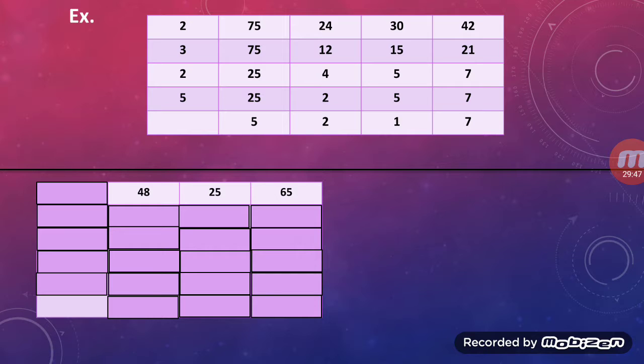Now, looking at our actual question table, we see the numbers 48, 25, and 65. Now, the point of this particular LCM method using the table is we're going to find the least common multiple of all three of these numbers, rather than just one at a time. So going down the very leftmost side of the table, we're going to pick apart different numbers that are divisible by our given numbers.